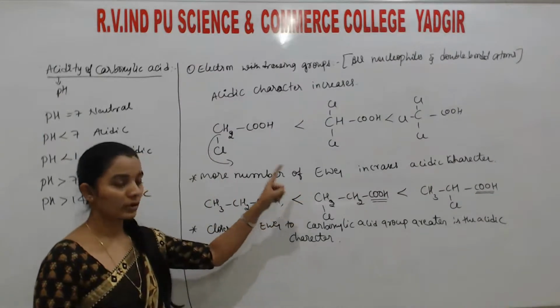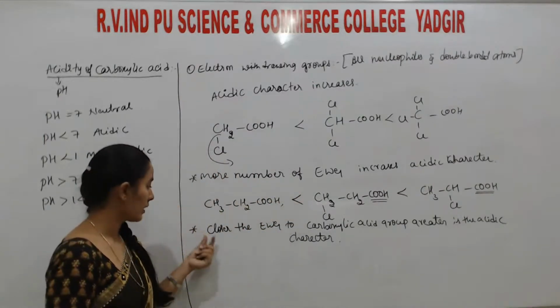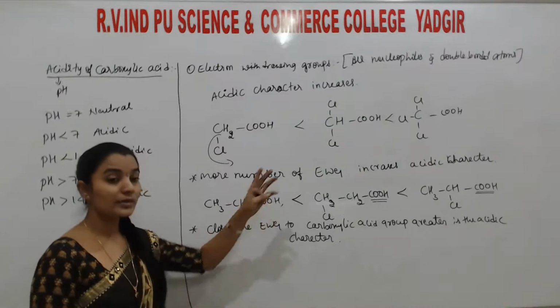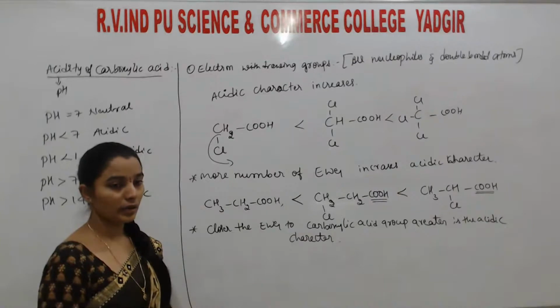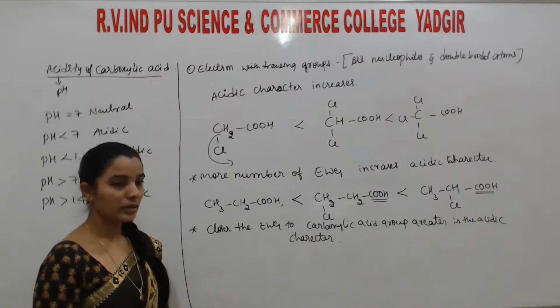More number of electron withdrawing groups means more acidic character. If the electron withdrawing group is closer to the COOH group, then also it has greater acidic character.